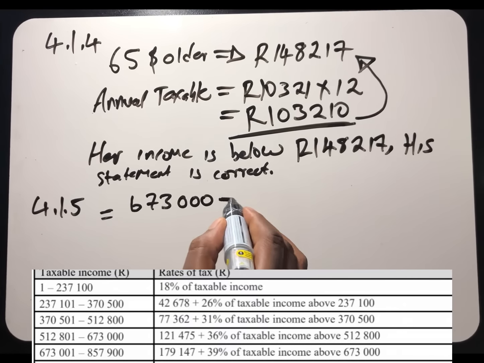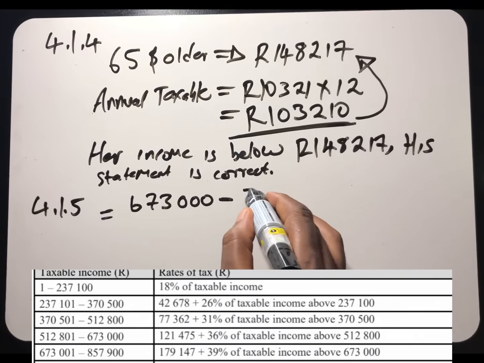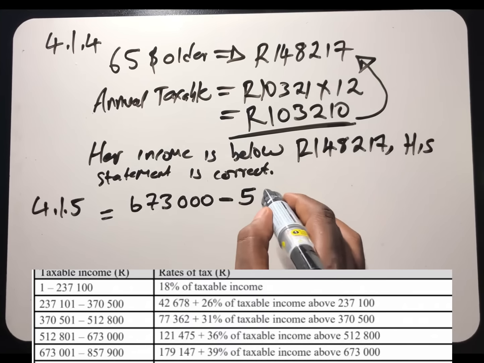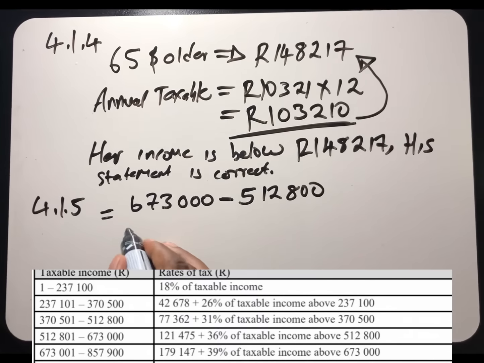You subtract the amount that we have in bracket number 4, which is 512,800. You take the amount in tax bracket number 5 and subtract the amount in tax bracket number 4.